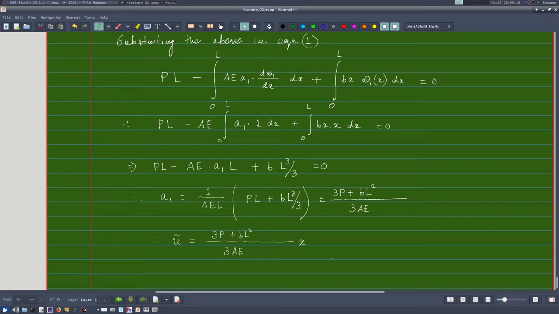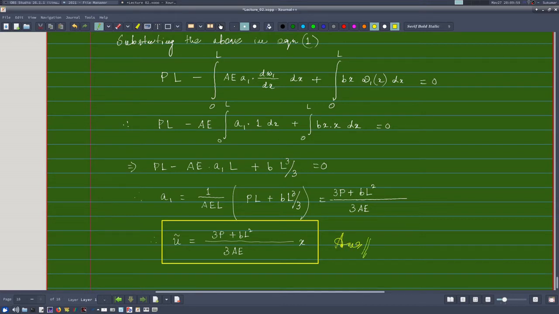So this is the approximate solution we have arrived at. So this is my answer.